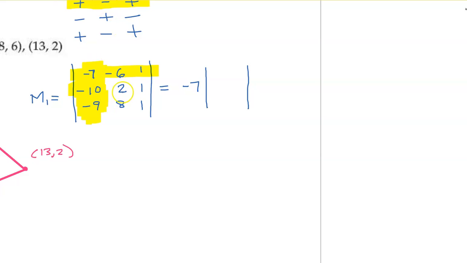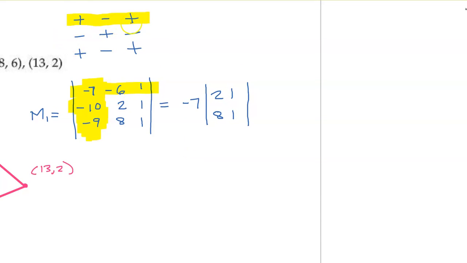That leaves behind the 2, 1, 8, 1. So this is called a minor matrix. So we have the cofactor and then we have the minor. So notice I'm still using the vertical lines, which means I'm still doing the determinant of this little matrix, this minor matrix. Now, here's where the plus, minus, plus comes in.